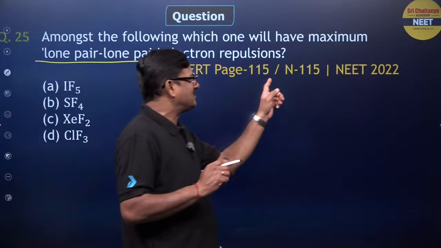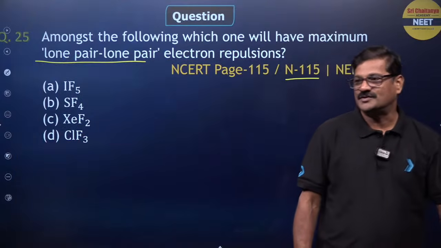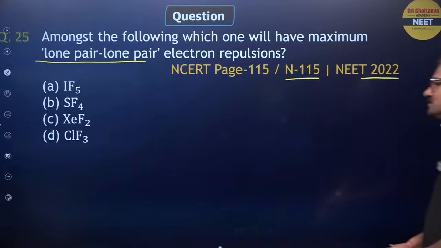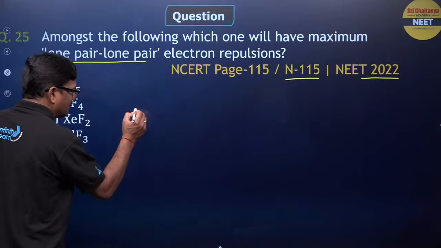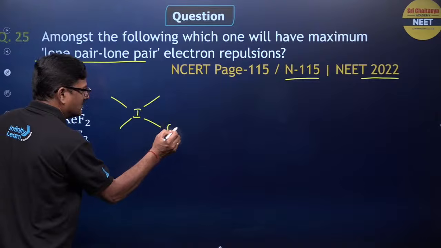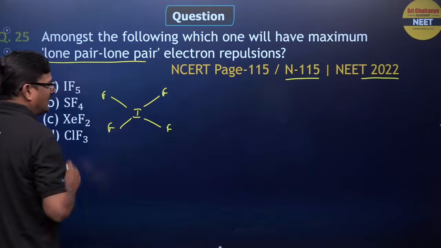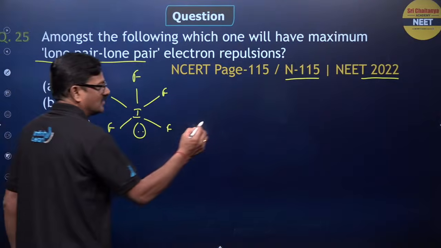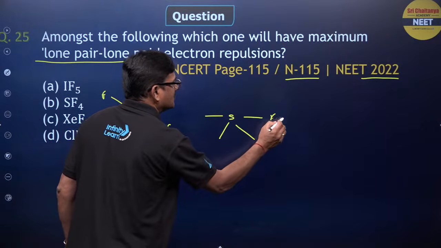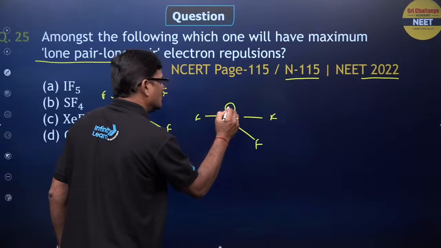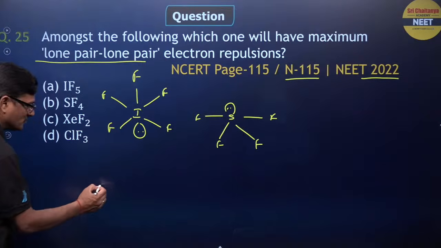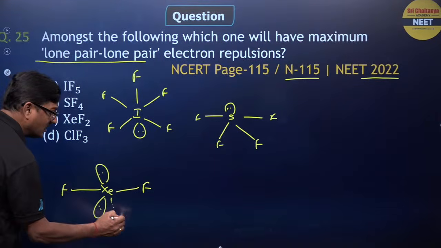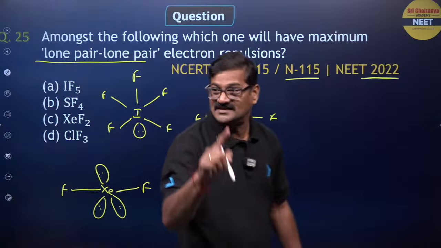Among the following, which will have the maximum lone pairs of electrons? Again, page number 115, NEET 2022 question. IF5 is square pyramidal, with 1 lone pair. SF4, sulfur, has a seesaw structure and has only 1 lone pair. XeF2, xenon, is linear, with 3 lone pairs of electrons present on the xenon.